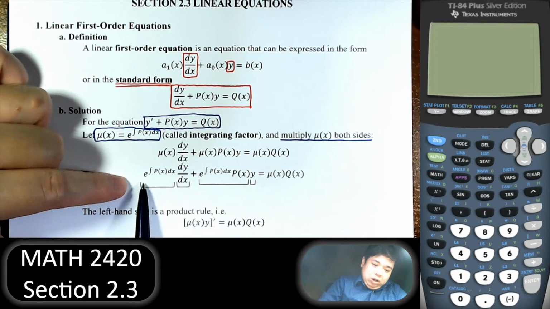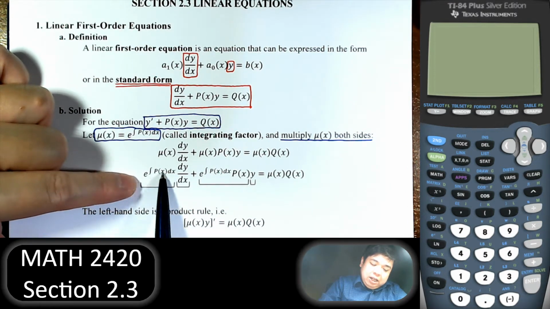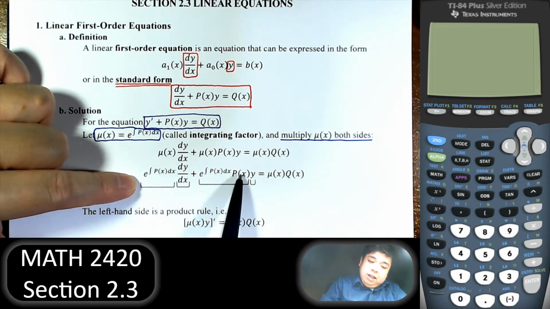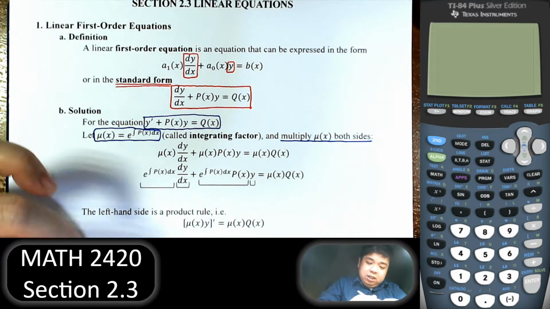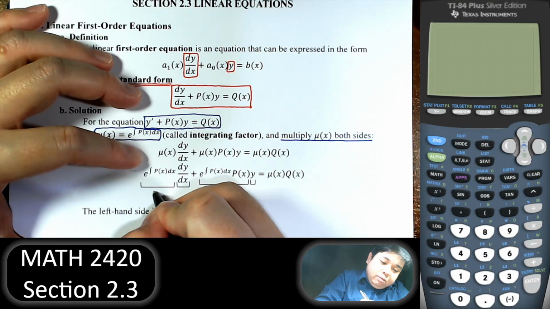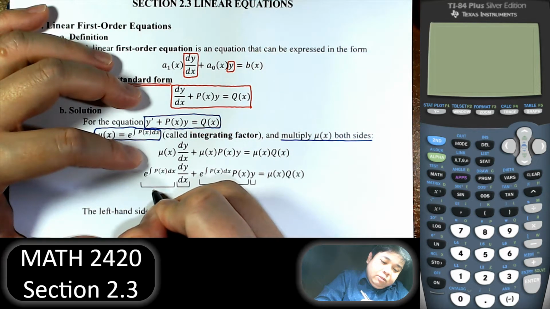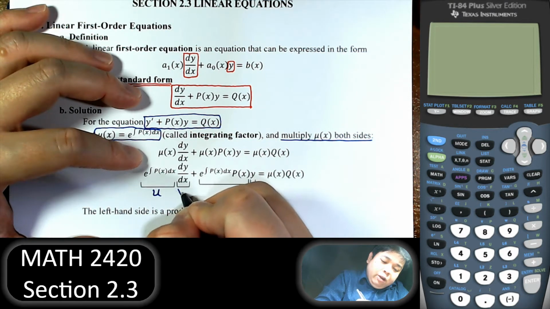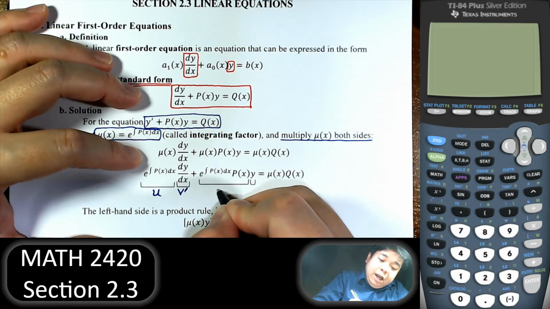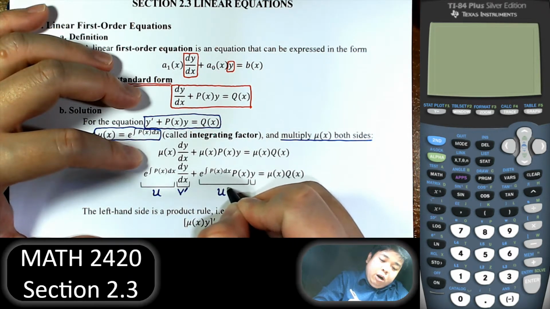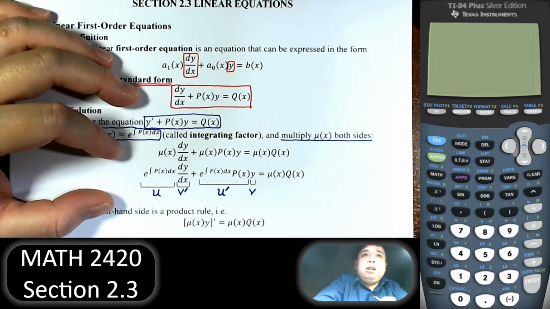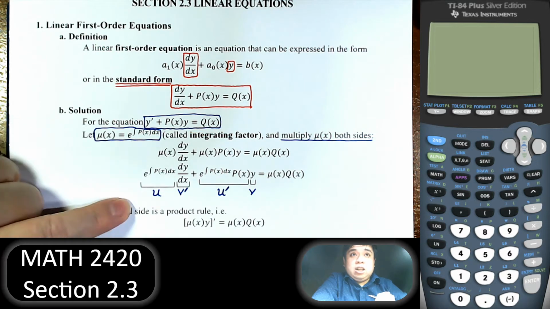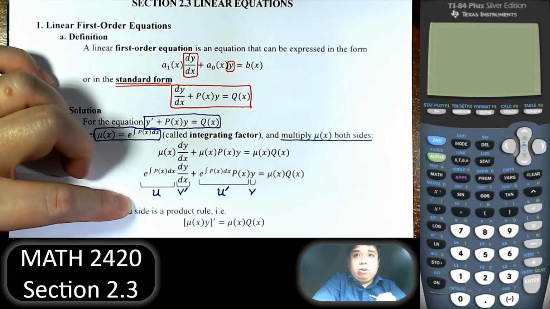Now, what it looks like here is we have e to something, and then the derivative, and then we have that and y. If we rewrite this, if I put it in this form, u v prime, and then u prime v. Of course, if it is like this, then that is the product rule.